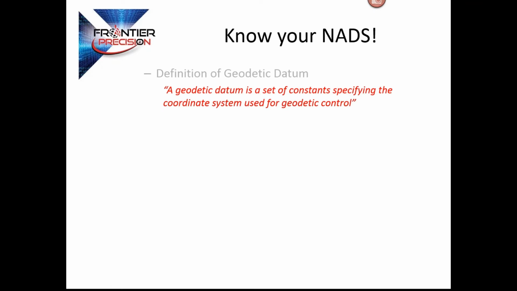A geodetic datum is a set of constants specifying the coordinate system used for geodetic control. And you need to understand then that NAD83 is just that. It's a horizontal control datum. So NAD83 is a horizontal control datum.